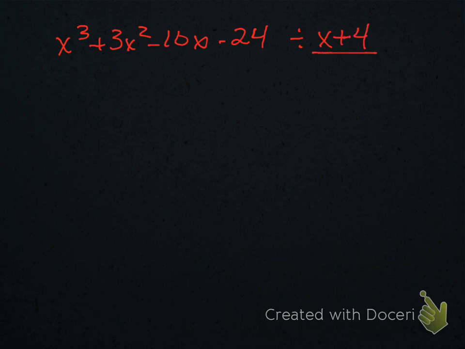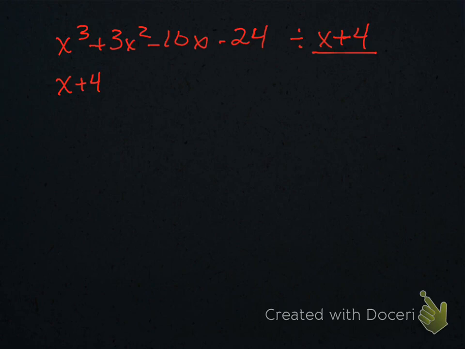Okay? Now, we're going to use something called the remainder theorem. And the remainder theorem tells me that if I take x cubed plus 3x squared minus 10x minus 24, and I divide it by x plus 4, I can take my divisor, x plus 4, and this works if x has a power of 1 only.